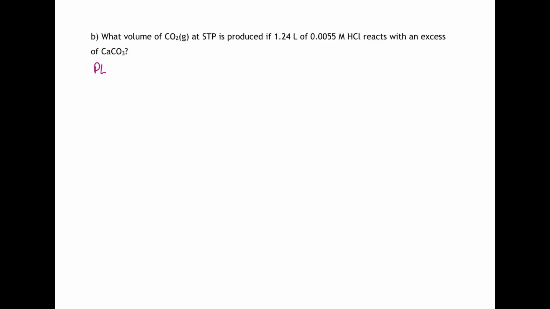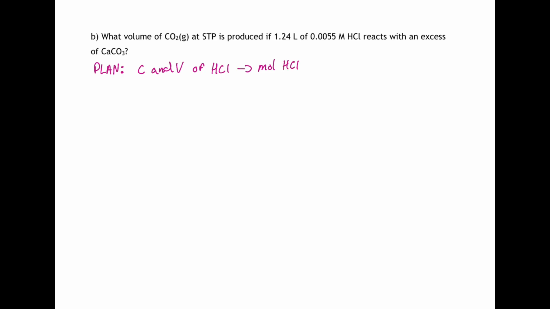Okay, so I'm going to write this one out like we did before in our old chapter. We're going to write our little plan arrows here because I think it's worth doing. So the plan here is we're going to use the concentration and volume of the HCl to make moles HCl.